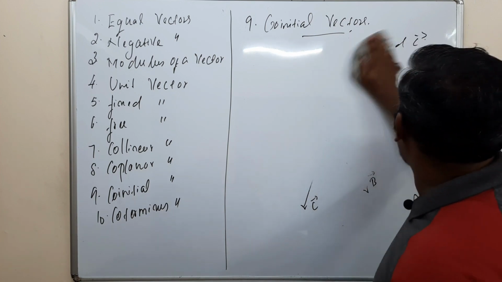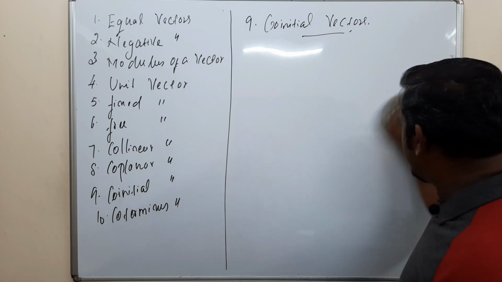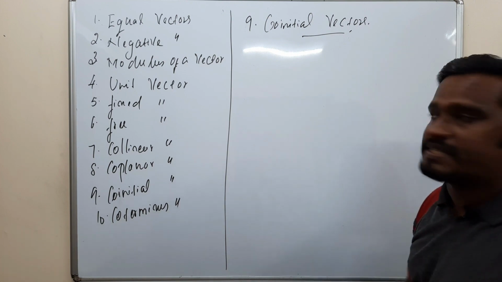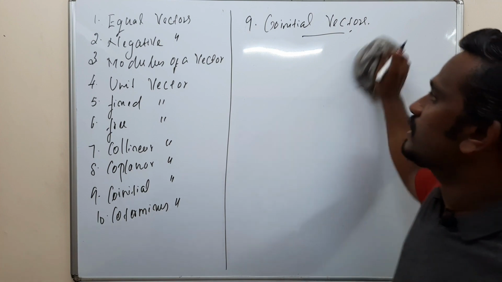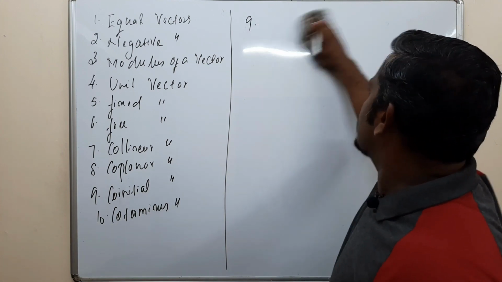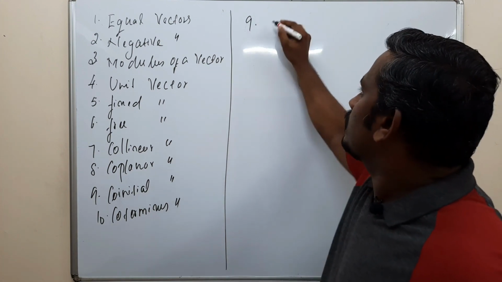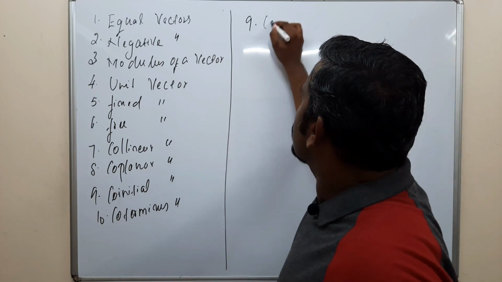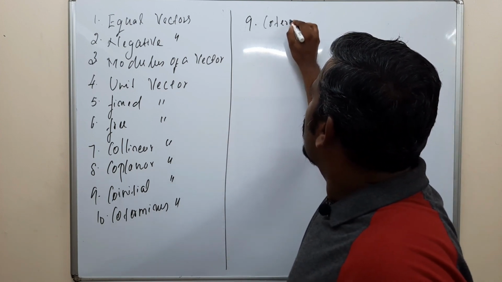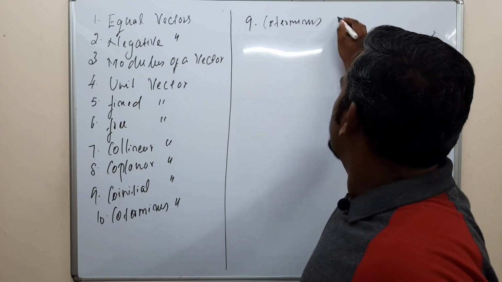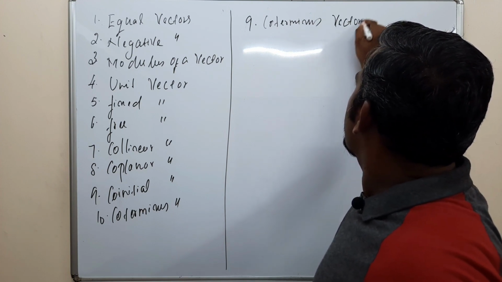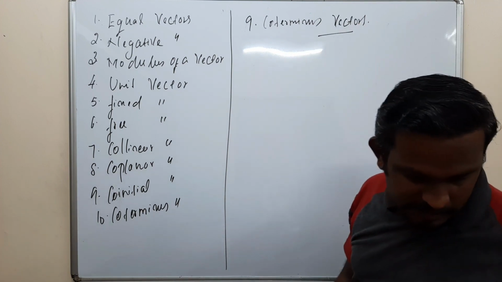Then coterminous vectors. If the initial point of the vectors is the same, we can say that they are co-initial vectors. If the terminal point of the vectors is the same, then it is called coterminous vectors.